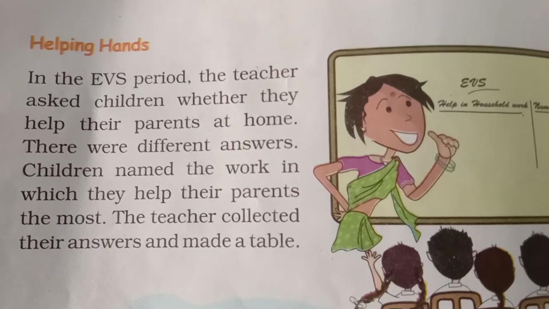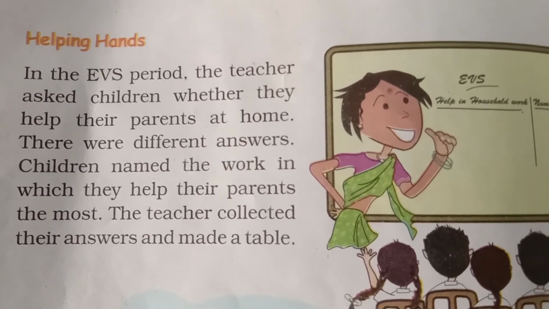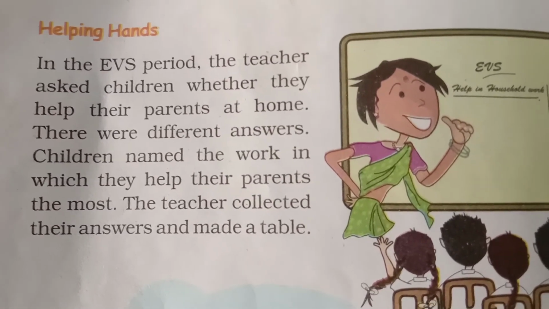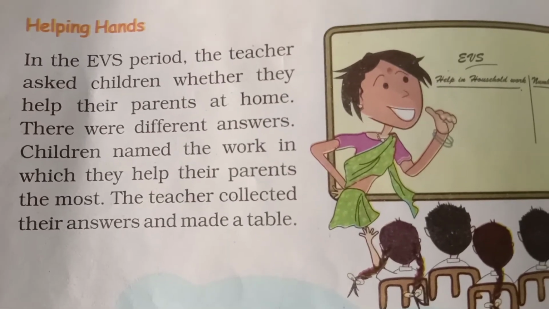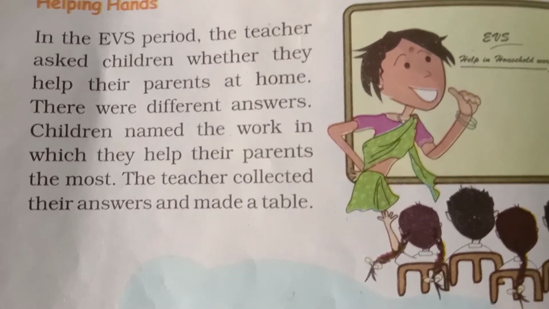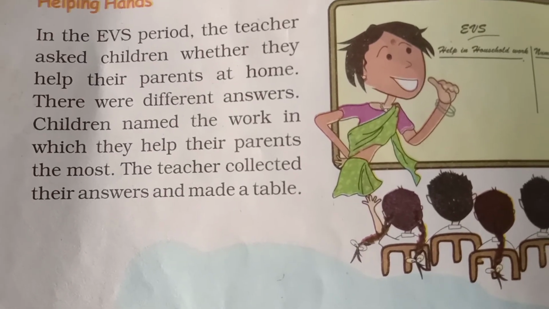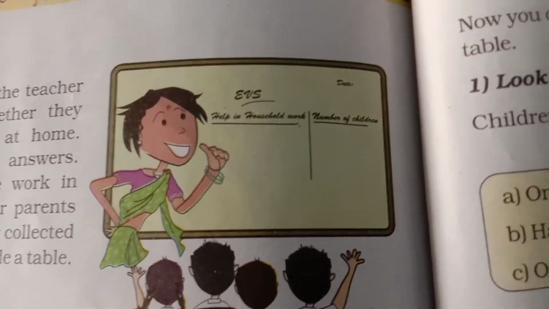Now, helping hands. In the EVS period, the teacher asked the children whether they help their parents at home. There were different answers. Children named the work in which they helped their parents the most. The teacher collected their names and made a table. So this is the EVS class.